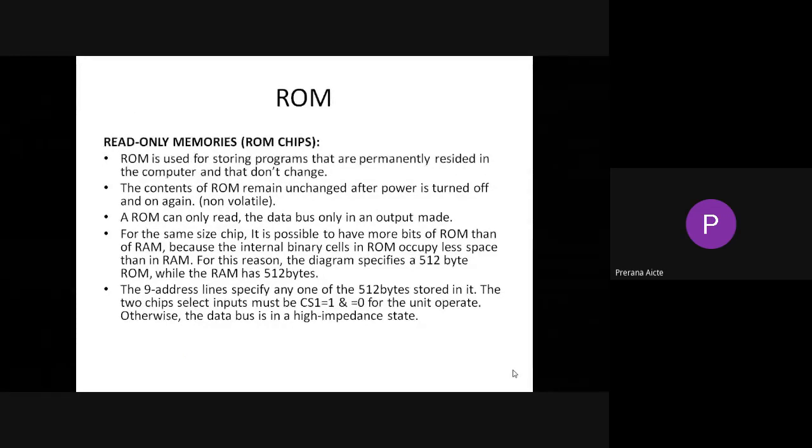The two chip select inputs must be CS1 equal to 1 and CS2 equal to 0 for the unit to operate. Otherwise, the data bus is in a high impedance state. High impedance state means the gate acts as an open circuit and does not perform any logical function.